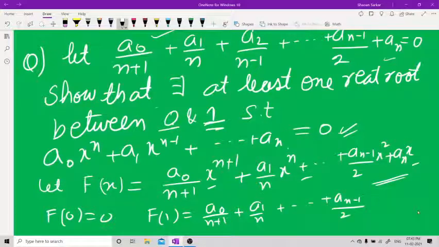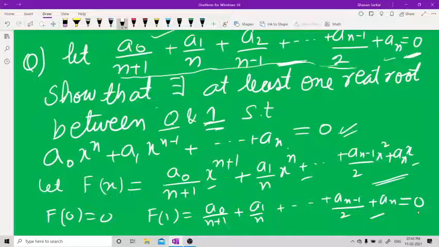This will become 1 plus an. And this cannot be 0 unless I use this condition. Look, this whole thing will not be 0 until I apply the condition above. This is 0 because of this condition. So this is okay.